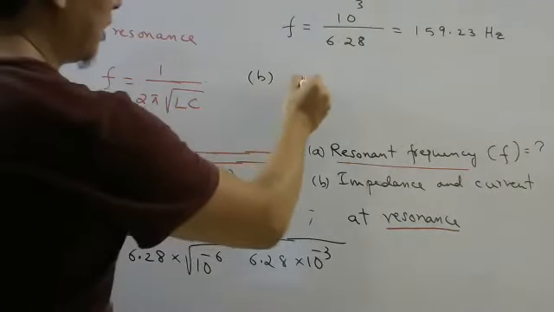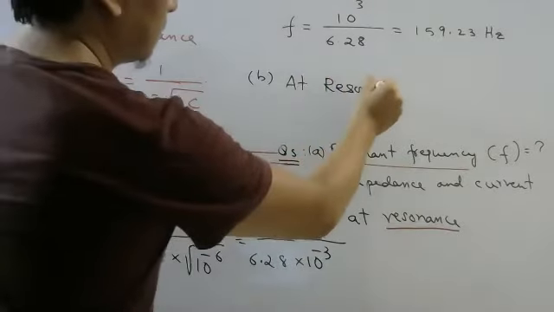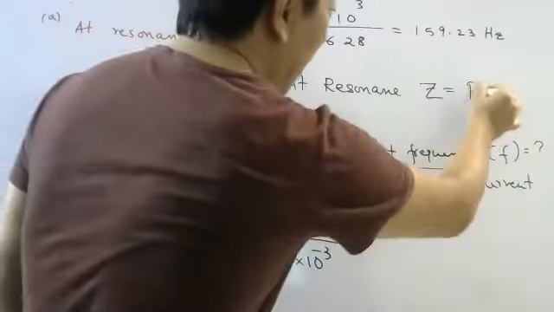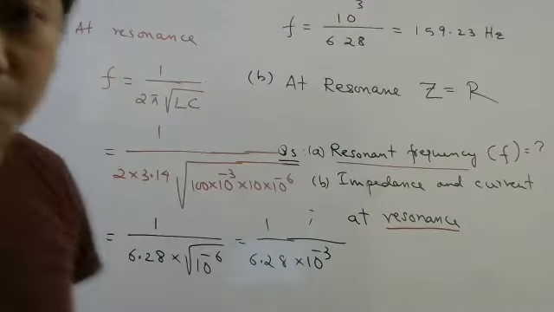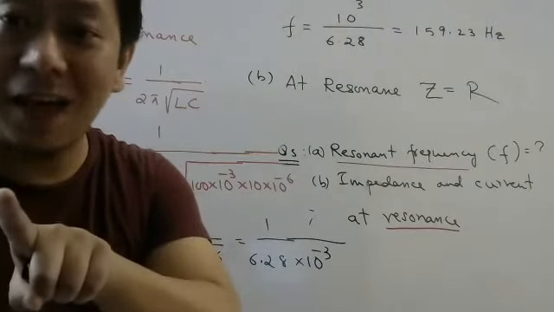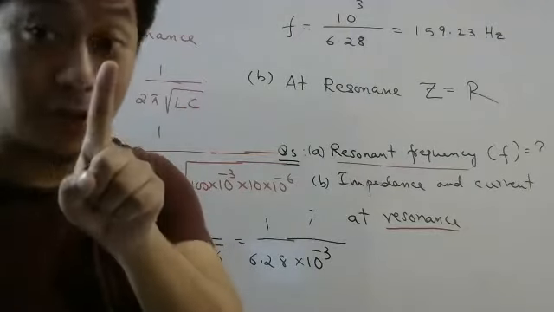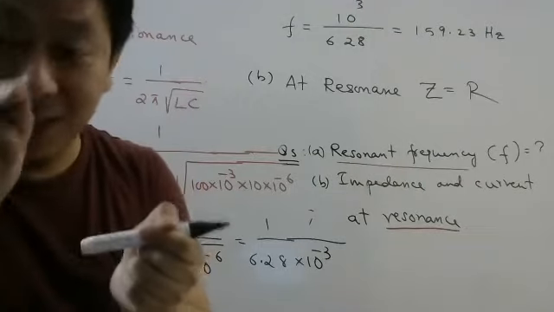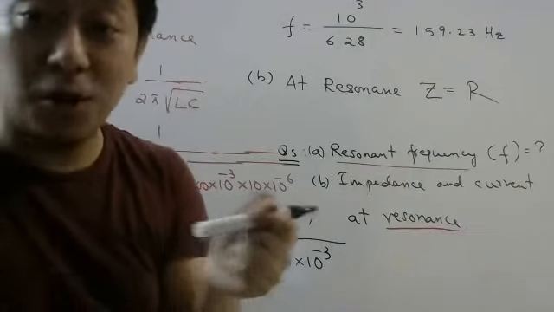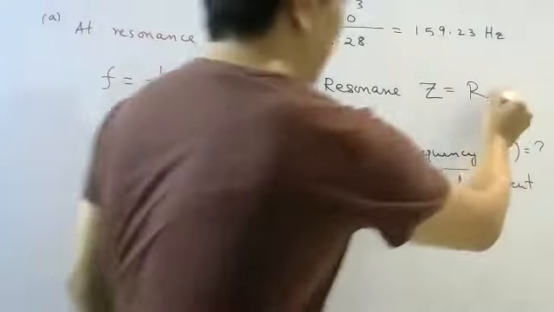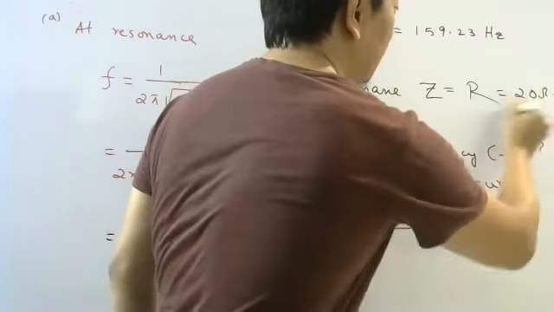So at resonance, your Z will be equal to simply R. Why, sir? What happened to that root over formula? Arey, XL minus XC, I told, will be 0 at resonance. So if XL minus XC is 0, Z will be simply root over R square, and root over R square will be R. So that will be equal to 20 ohm.